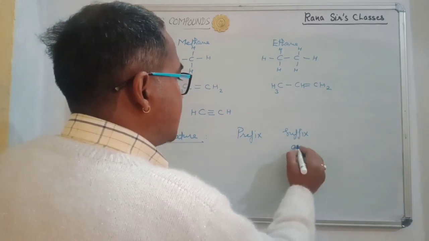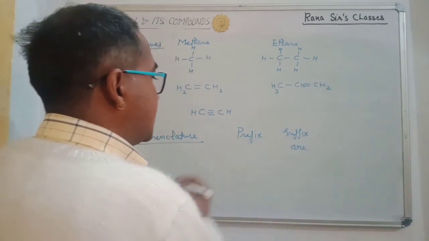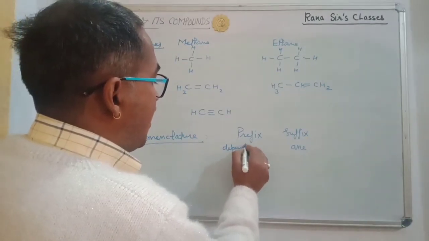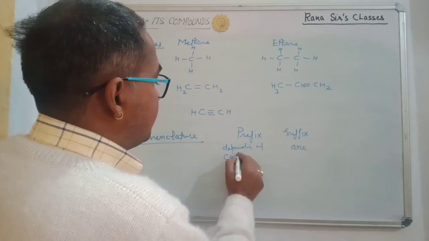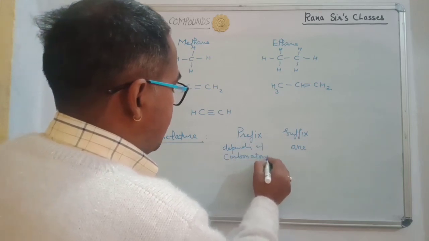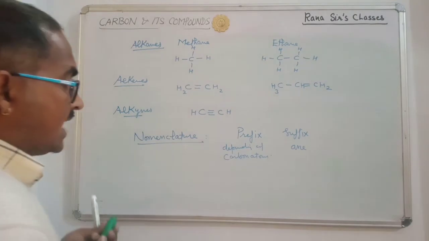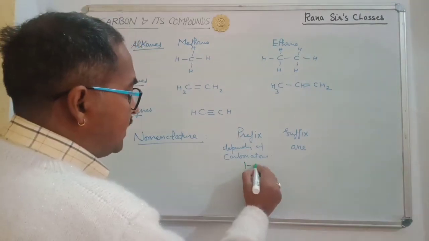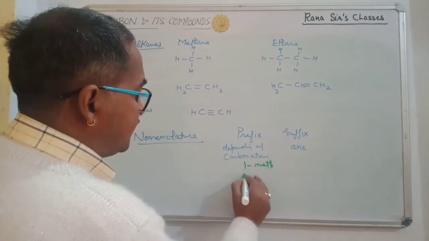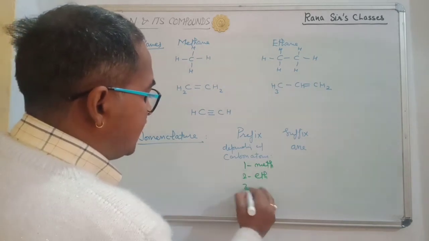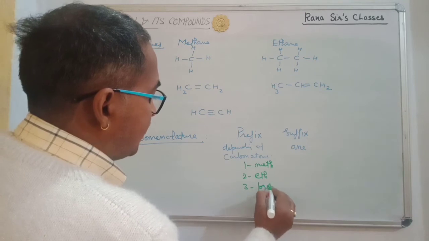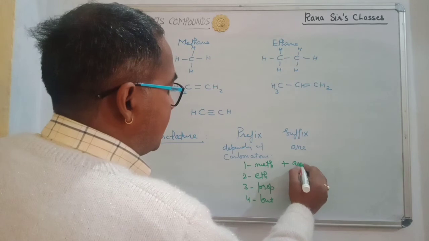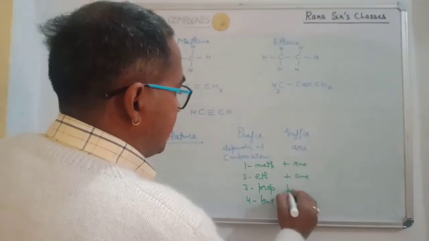Suffix is always "-ane" and prefix depends upon the number of carbon atoms. If carbon atom is 1, it will be meth. If 2, it will be eth. If 3, it will be prop. If 4, it will be but. And like this, plus "-ane".